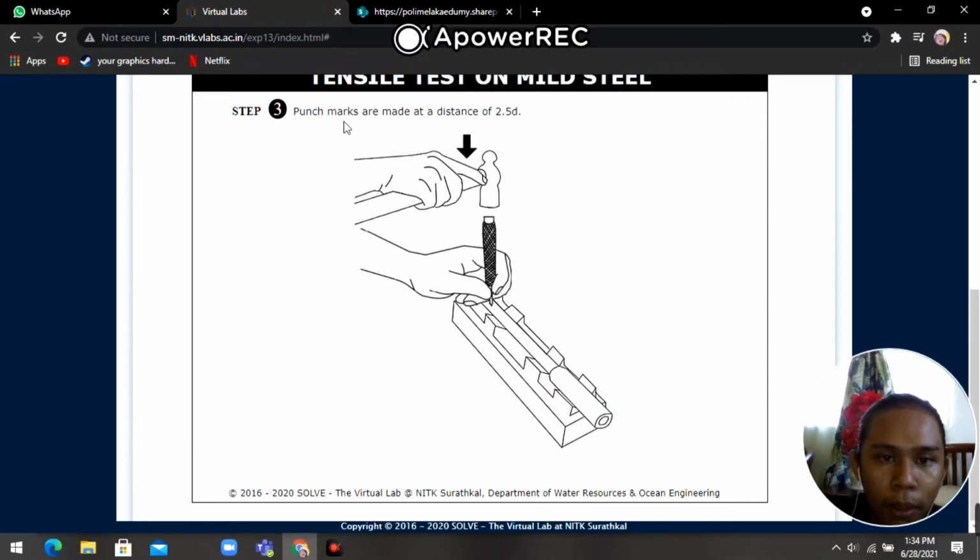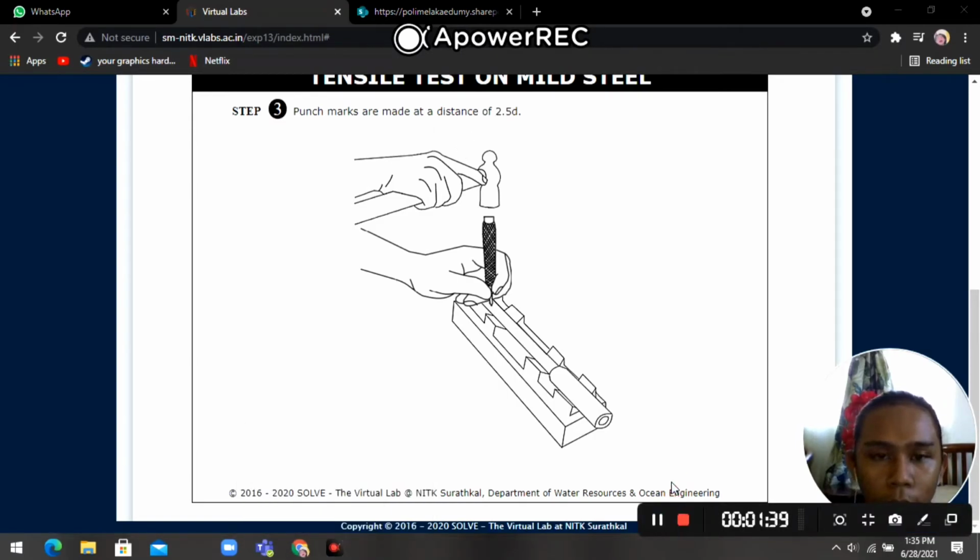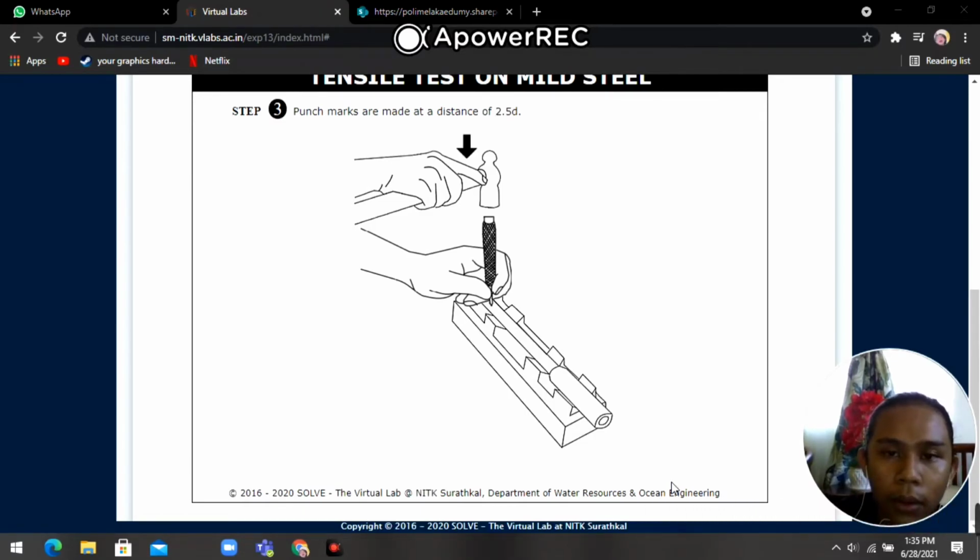Step 3: punch marks are made at a distance of 2.5 diameter.